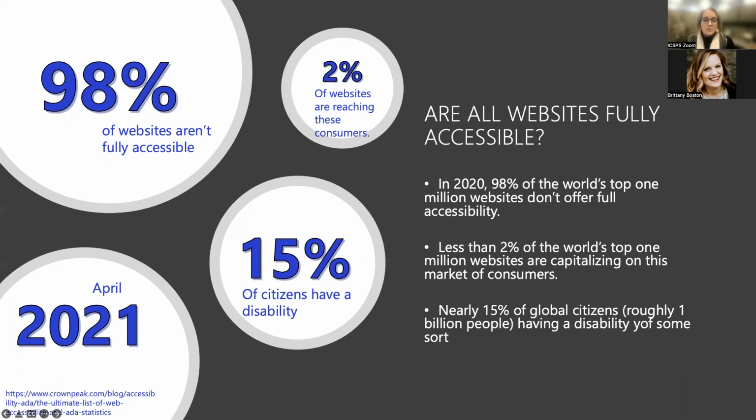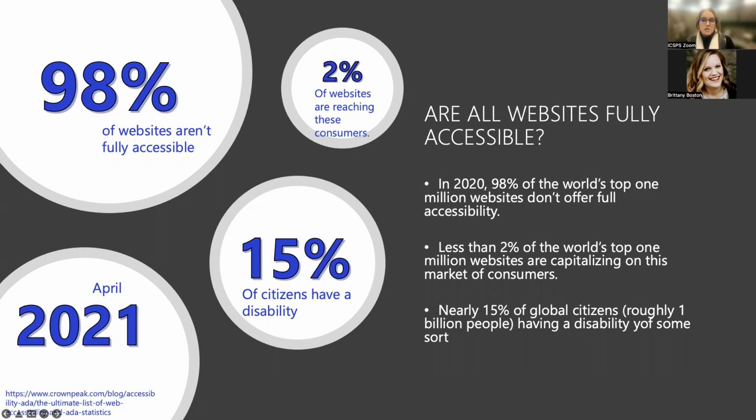Nearly 15% of global citizens, roughly 1 billion people across the globe, have a disability of some sort. This is a market that we want to reach. As user experience continues to be more of a core focus for website owners, making our websites compatible with the guidelines for website accessibility is quite frankly a must.